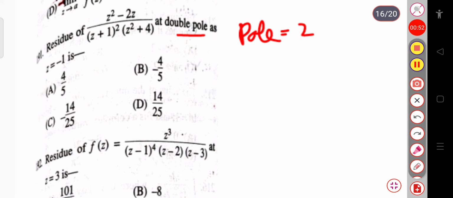So we have already discussed that when this is a pole of order n, how we can calculate.